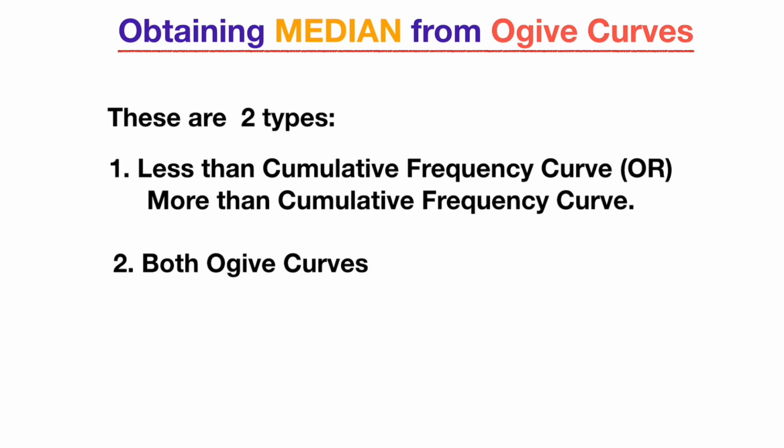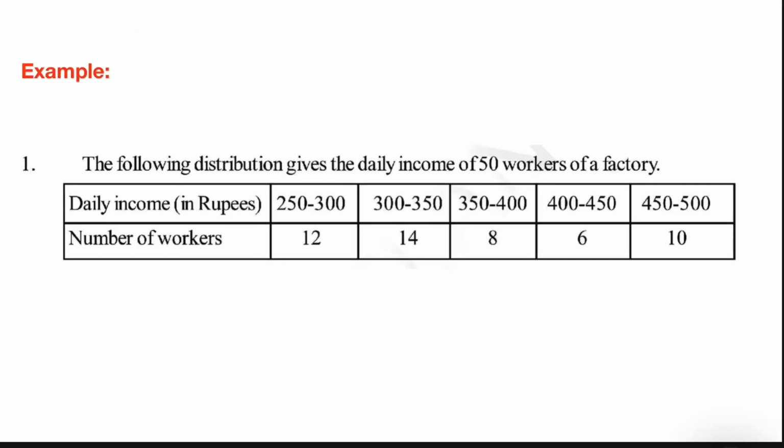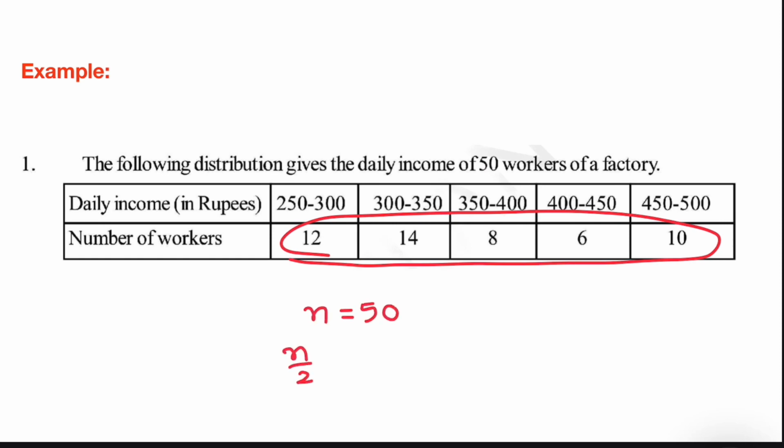Let us take the first method. First we have to locate N by 2. N means the total number of observations, here the total number of workers, that is 50 by 2, half of 50, which equals 25 on the y-axis.